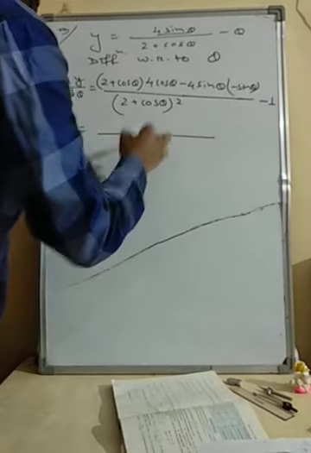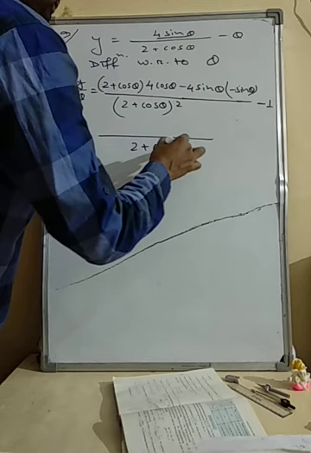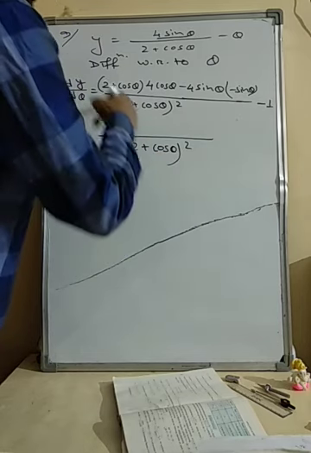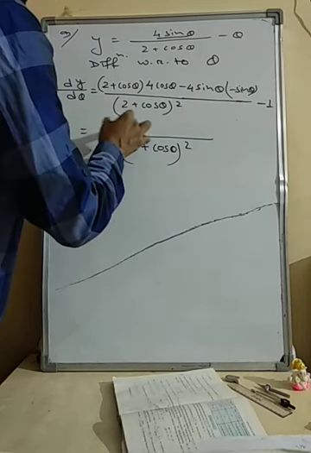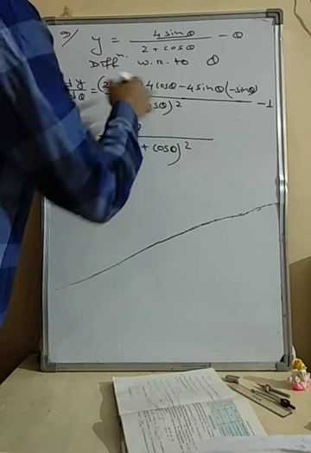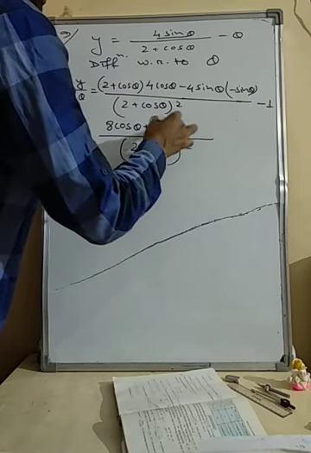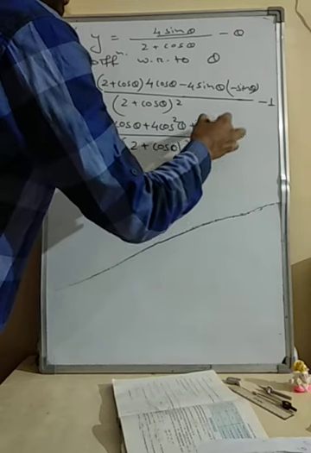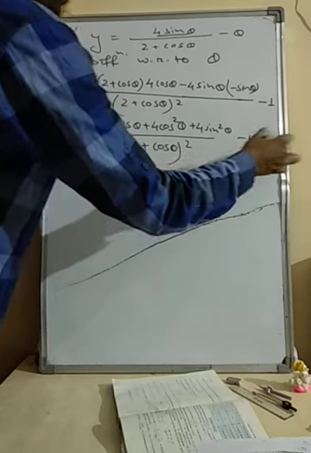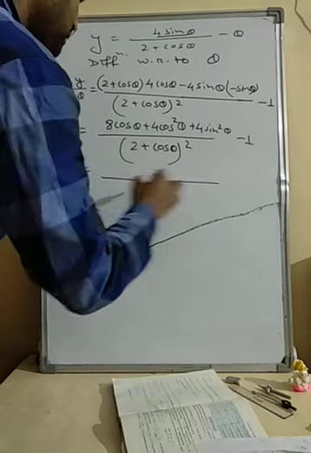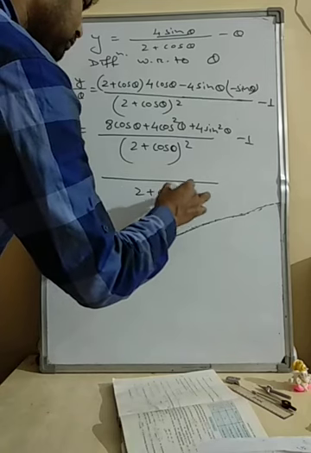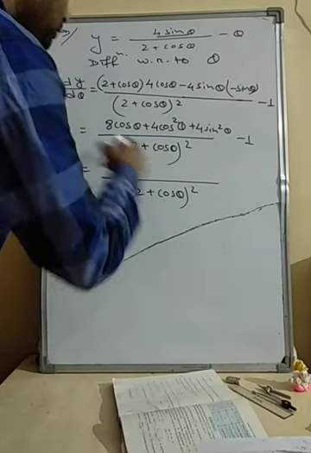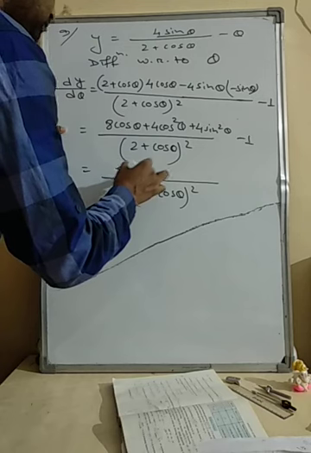So ultimately here I will get (2 plus cos theta) whole square, then 8 cos theta plus 4 cos square theta plus 4 sin square theta minus 1. So that is, you can say, over (2 plus cos theta) whole square, it is 8 cos theta.